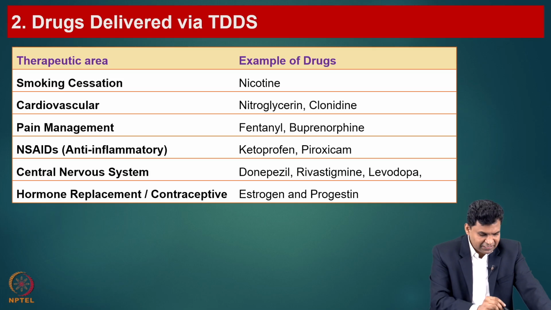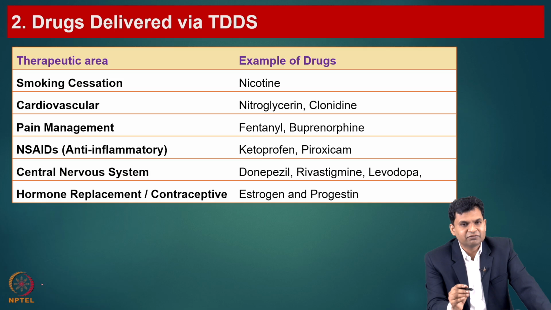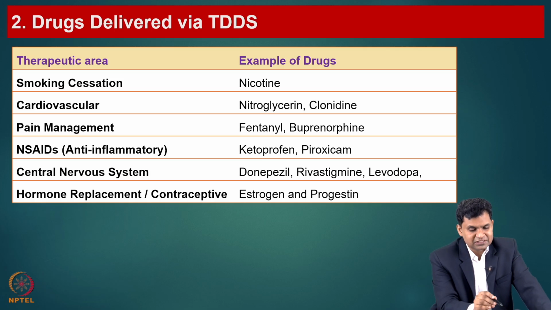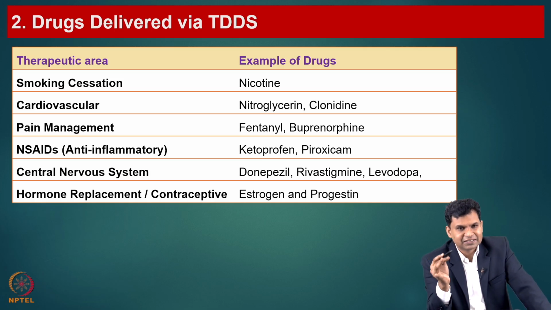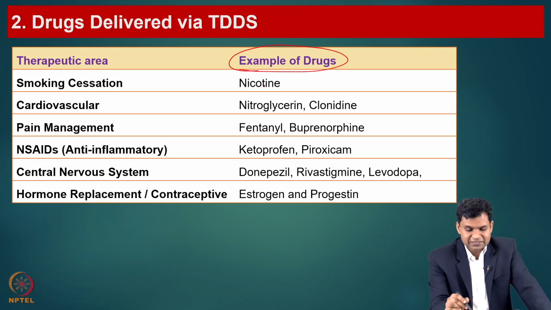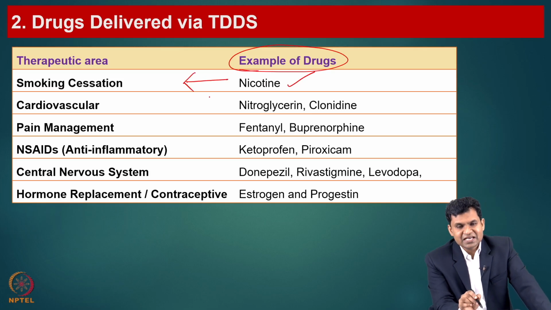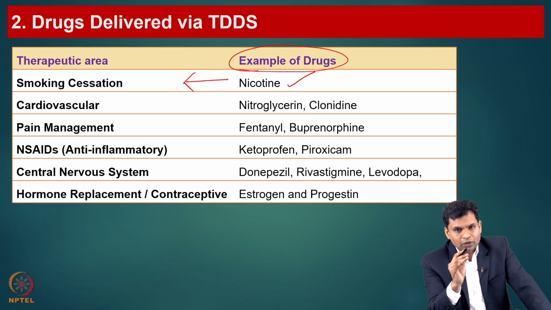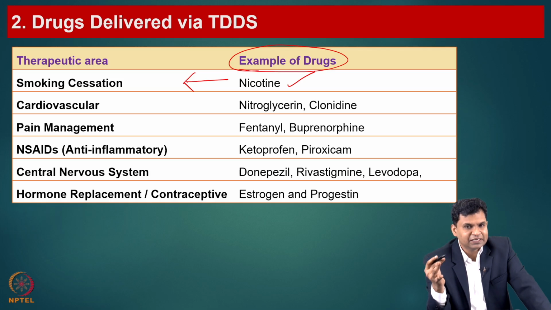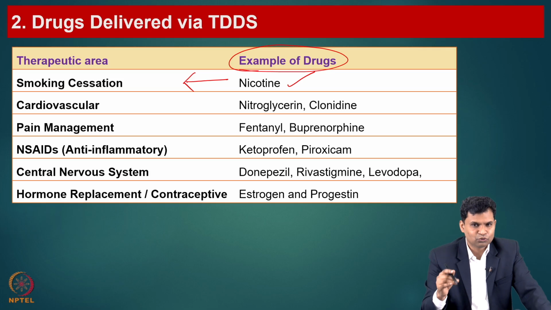Now, these are the various therapeutic areas we use for the treatment of diseases. These are the drugs which can be delivered by transdermal drug delivery systems. Nicotine is used for the treatment of smoking cessation, to avoid the habit of smoking, and we can have nicotine patches that we can place to avoid the smoking habit.